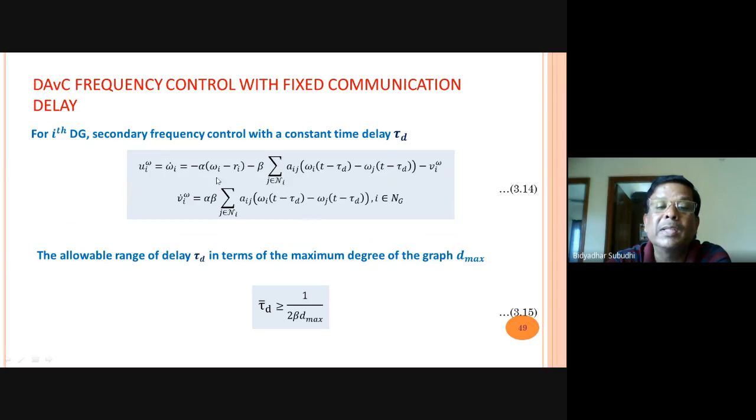So our control is now modified to accommodate this constant time delay, and for this delay we can define an allowable range, so that we can take the maximum degree of the graph into consideration. That is, we define here tau d could be defined greater than or equal to 1 by 2 beta d max, where d max is the maximum degree of the graph.